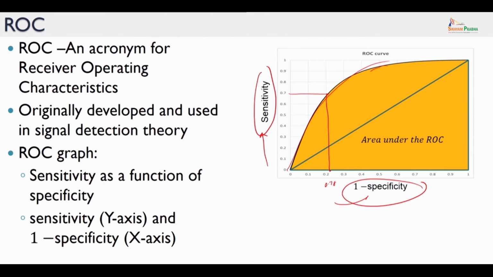The way to think about this is the best specificity point is actually this, because 1 minus specificity being 0 tells me specificity is 1. So, this is the best point for specificity, but it is the worst point for sensitivity because sensitivity is 0. Now, as you try to push your sensitivity to be more and more, if you are sitting on this curve, you are going away from the best specificity point.